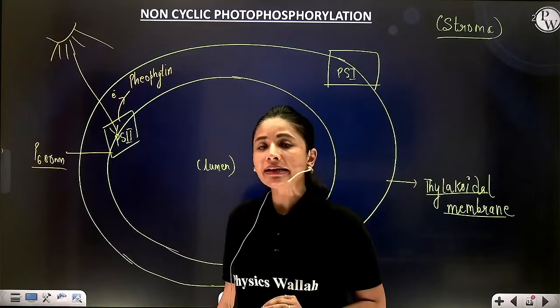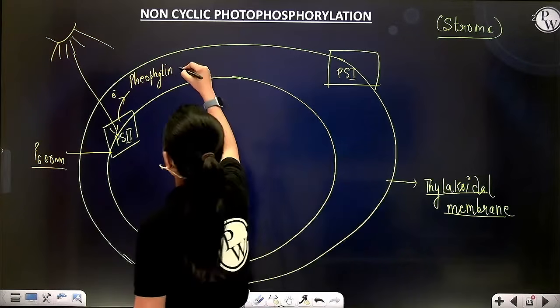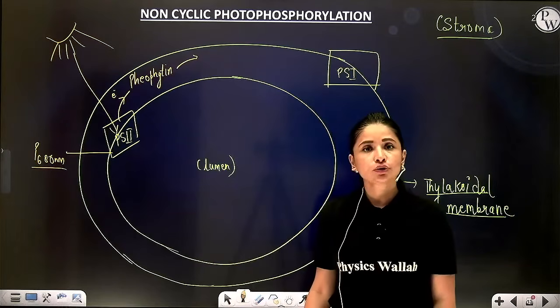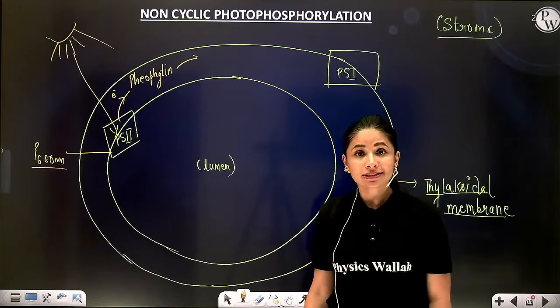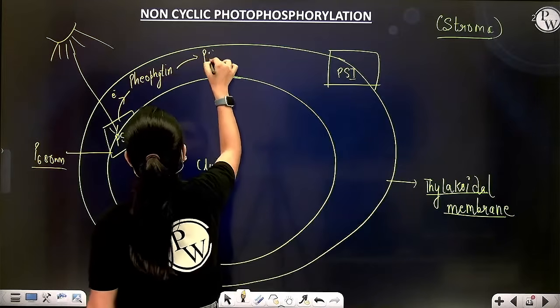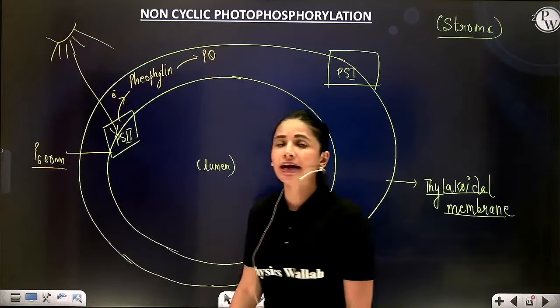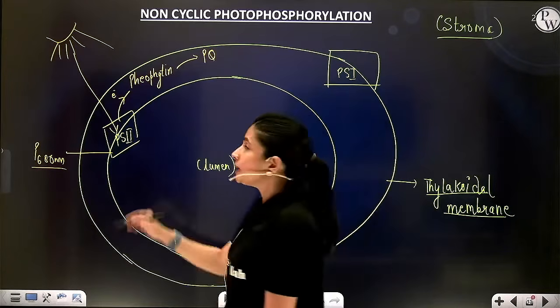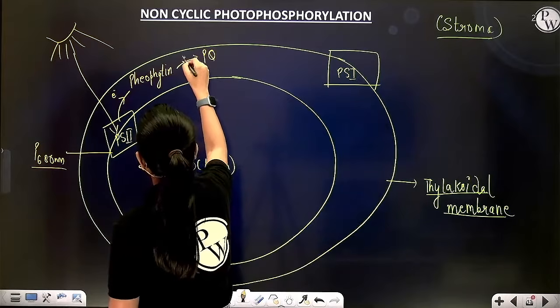So whatever electron is with pheophytene, it is going to pass that electron to another electron as well as proton carrier called plastoquinone, denoted as PQ. Beta, this PQ will accept the electron.